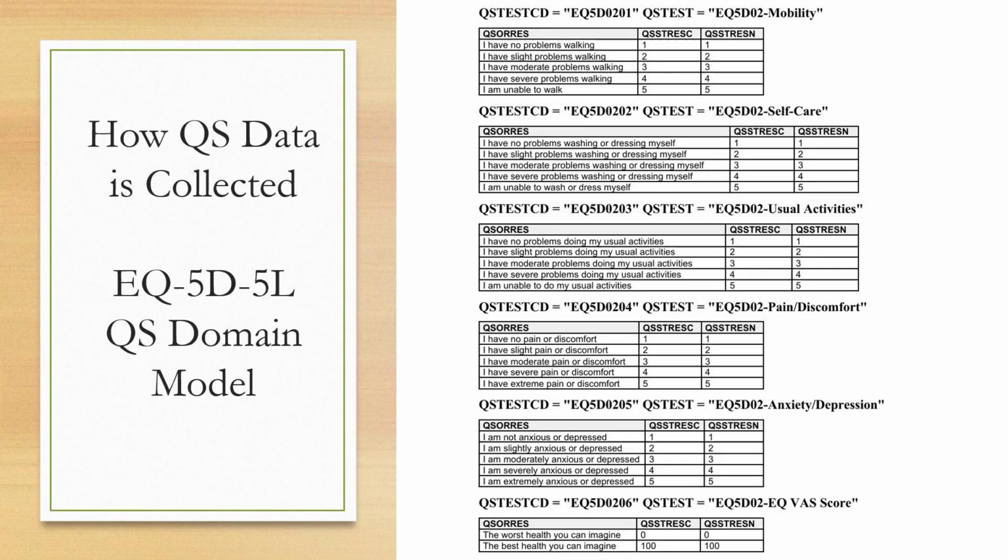The same is the case for the rest of the questions here: based on the response the subject selects, we will have QSORRES populated as the text value, whereas STRESC and STRESN, which are the standard result values, will be populated with the coded numeric value from this form as provided by CDISC.